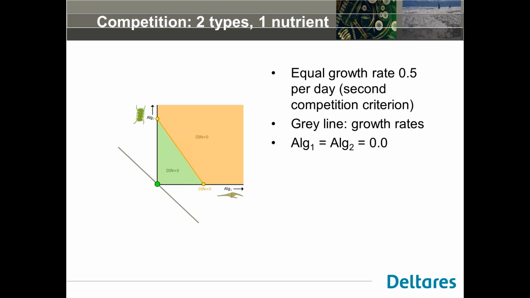Now we introduce the second criterion for the competition, that is the growth rate. And in this case, we assume that the growth rate of the two algal types is 0.5 per day. And inside this graph, this appears as a gray line, the one shown over here. And we start the competition experiment under the assumption that algae 1 and algae 2 are both 0.